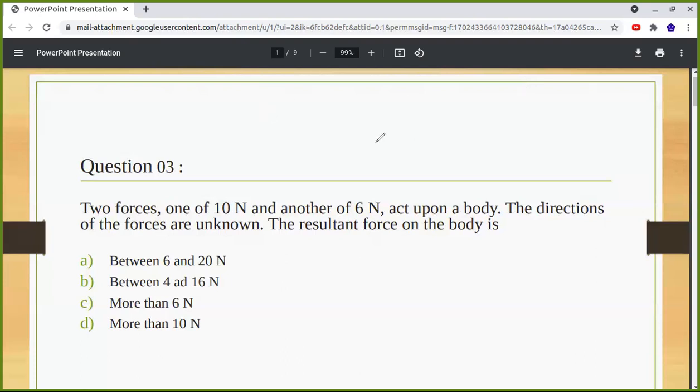If I draw a picture here, as you can see, I'm writing 10 Newton, and in the same direction there is a force called 6 Newton. So they are in the same direction, so the angle between them is 0. If the angle between them is 0, the value would be maximum, 16 Newton.